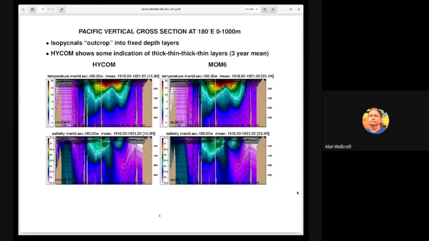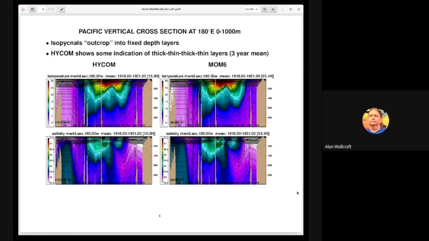So here's a vertical cross-section at 180 degrees east in the middle of the Pacific over the top 1,000 meters and a 3-year mean. And you can see here the lines are the interface depths. And you can see that in the Southern Ocean, in the top 1,000 meters, we're always in fixed coordinates all the way down to 1,000 meters.